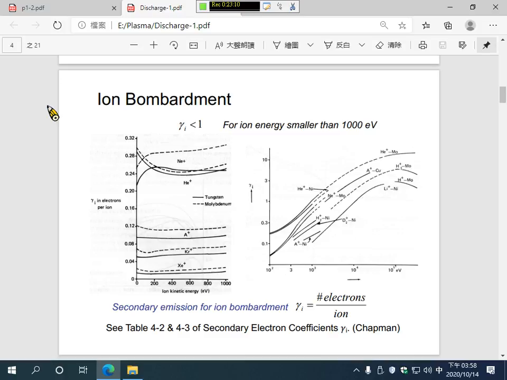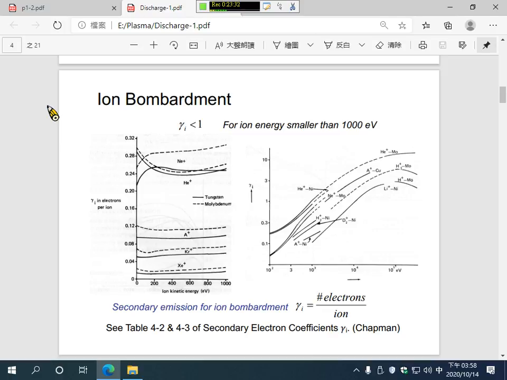So from this figure, we can see the secondary electron emission. The secondary emission for ion bombardment, gamma sub i, is related to the instant ion energy.